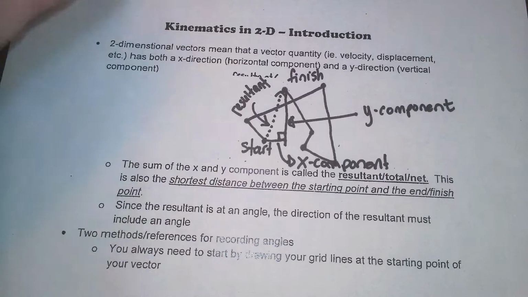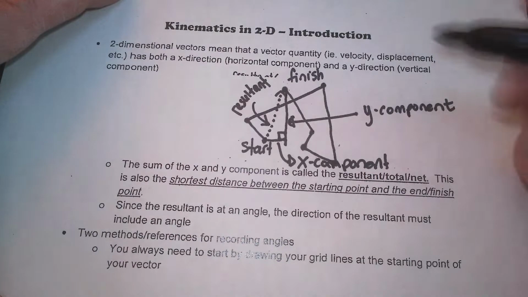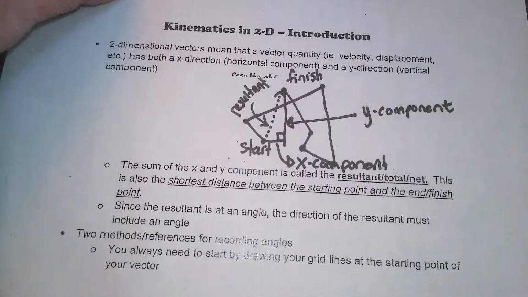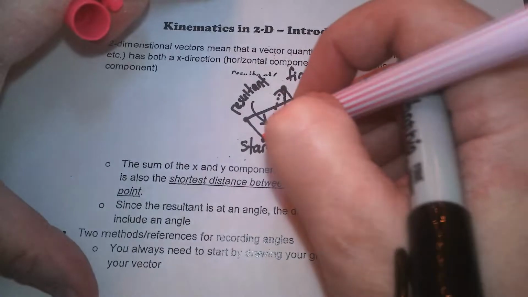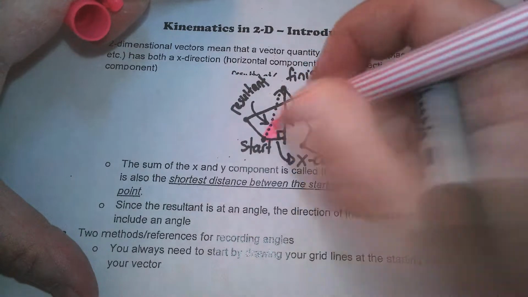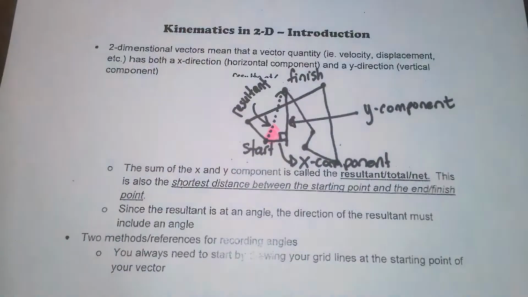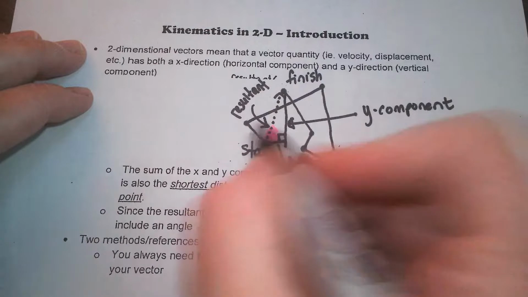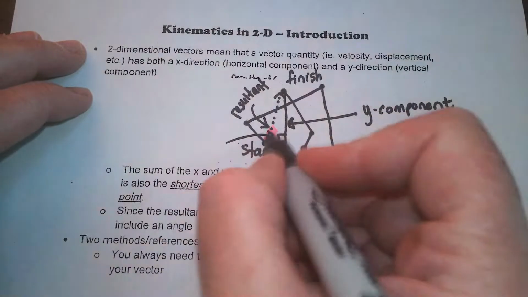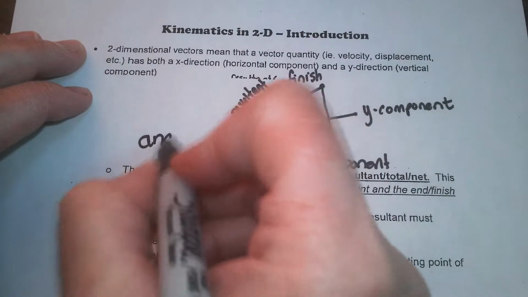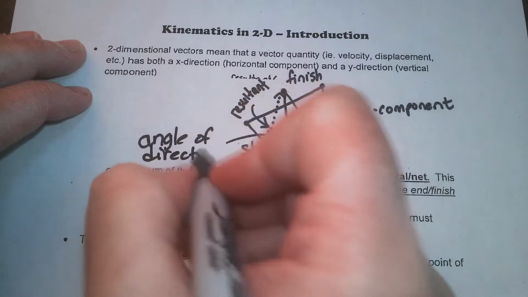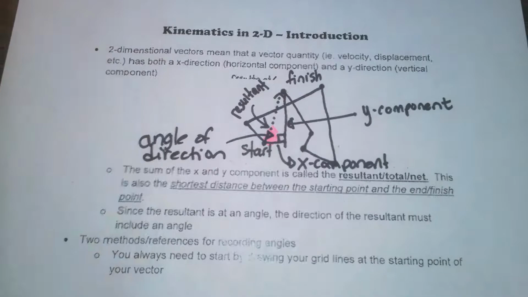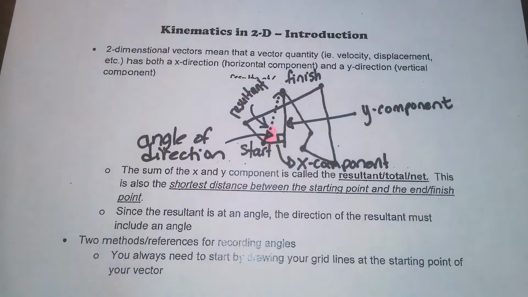Because the resultant is at an angle, the direction of the resultant also must include an angle. And I'm going to highlight it. That angle is going to be from where we started. Okay? We're going to call that our angle of direction.